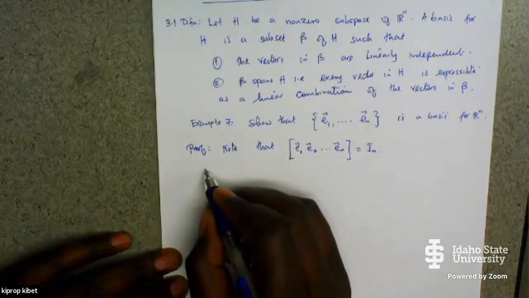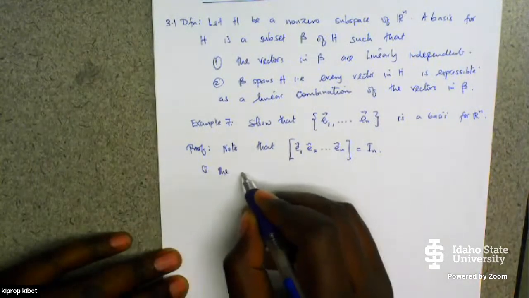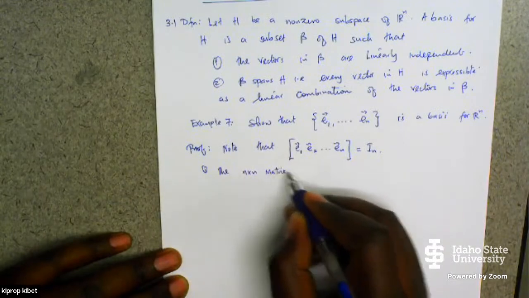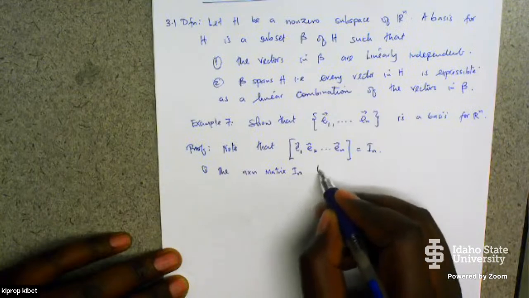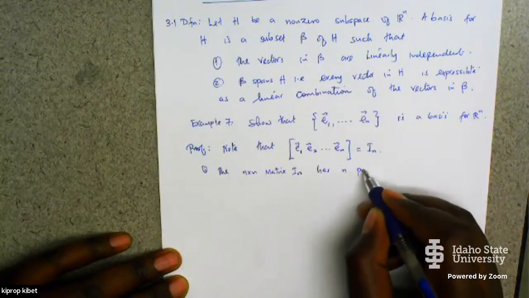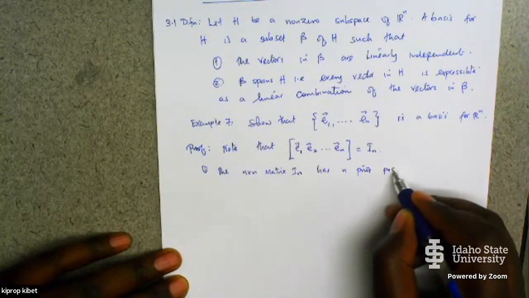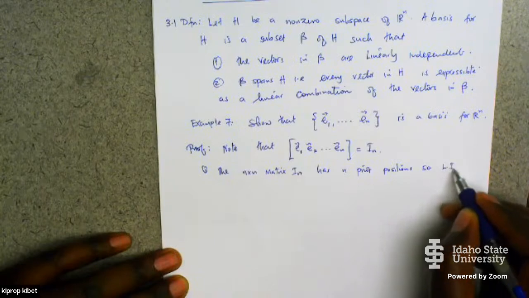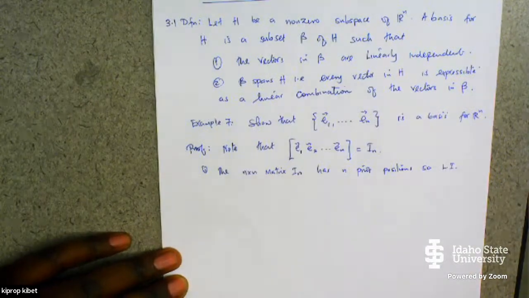Then number one, the n by n matrix In has n pivot positions, so it is linearly independent.